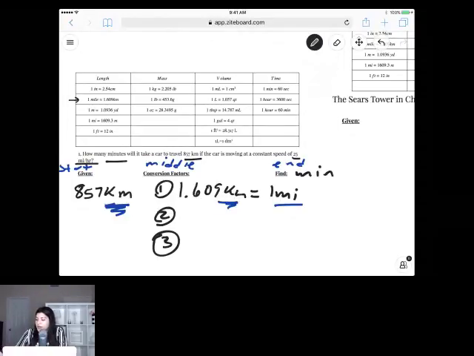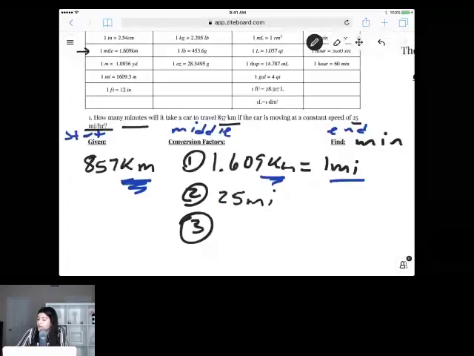Okay. Awesome. So now continuing with this idea, this is where I'm going to put that other conversion factor that was actually given within the question. So this is where I'll have the 25 miles. So notice we have the miles now, right? They equal each other. Miles per hour, by the way, just means that there's 1 hour. So 25 miles per hour or 25 miles is equal to 1 hour. Okay.